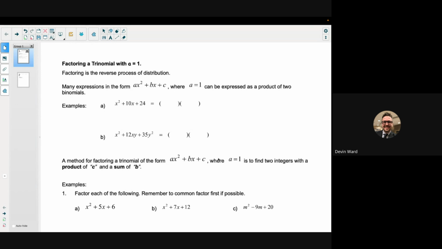What are my numbers? 1 times 3 are the only factors of 3, so they better equal 4. 3 plus 1 equals 4. Whew, thank God the question worked. So my area is equal to x plus 1 times x plus 3.